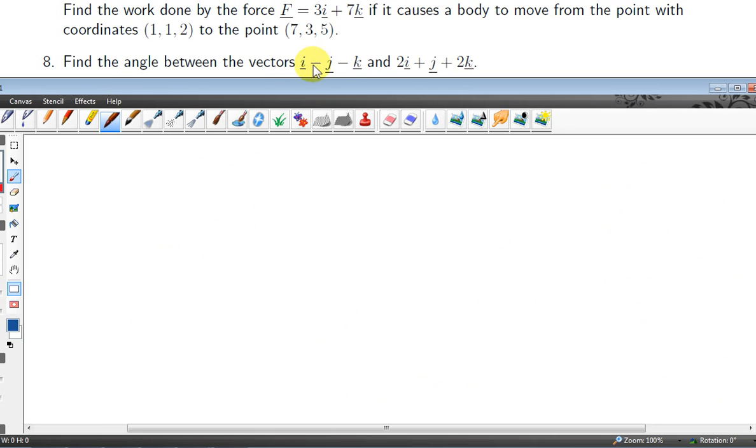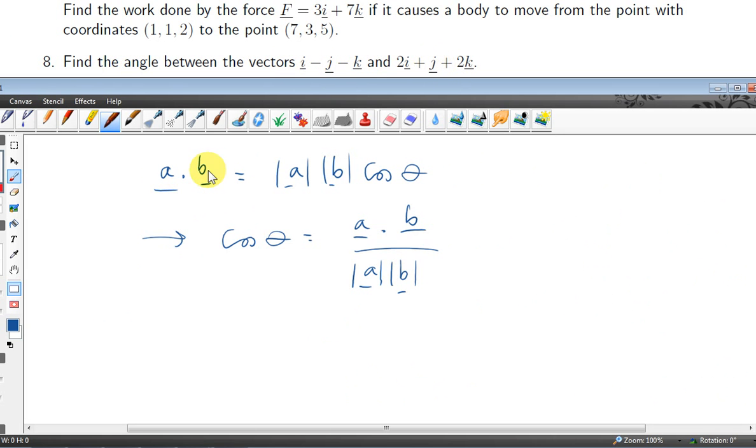Lastly, we will find the angle between these two vectors. So here's the definition of the dot product of two vectors, and if we rearrange it, we get the angle between the two vectors. So if this vector is A and this vector is B, then A dot B is 1 times 2 plus minus 1 by plus 1 plus minus 1 by plus 2.